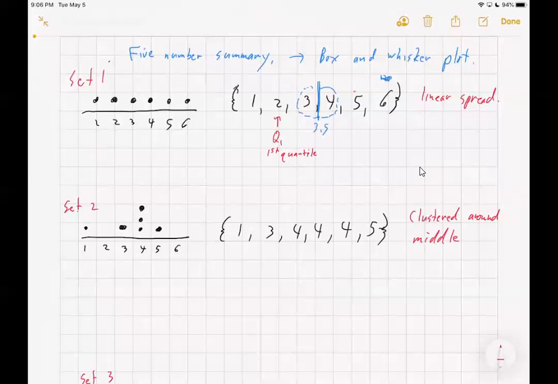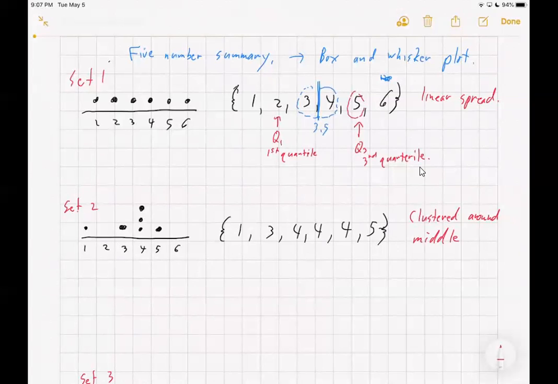And this number here, the 5, is in the middle of the upper half. So that's called the Q3 value because it is the third quartile. The median, you could actually call the second quartile value because 2 quarters are the same as a half, and the median divides the data set in half.